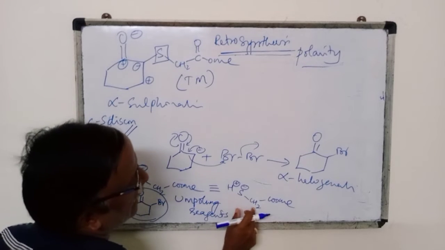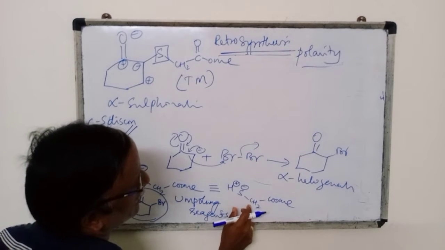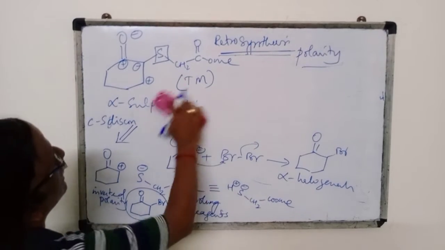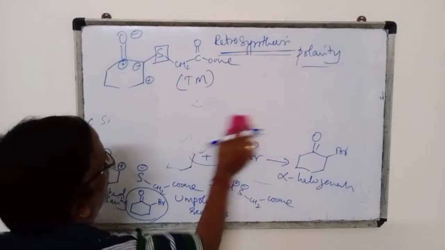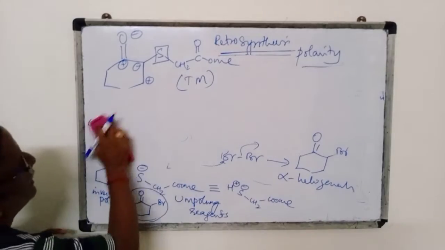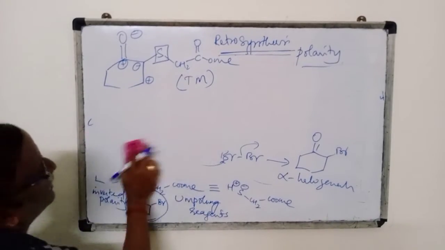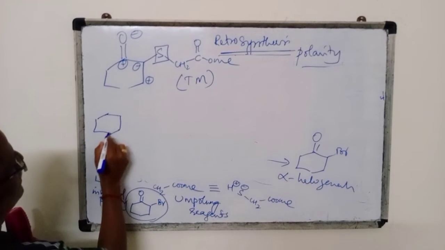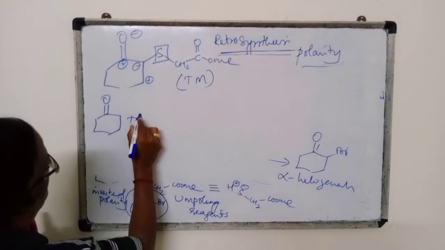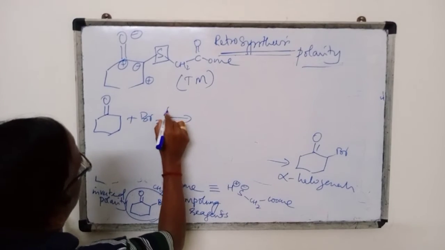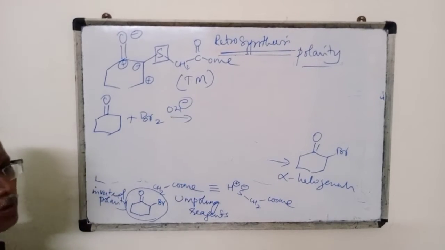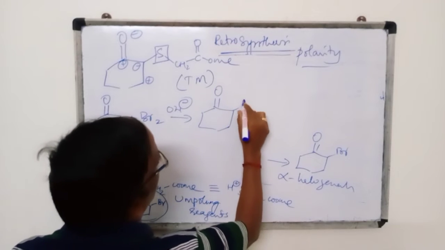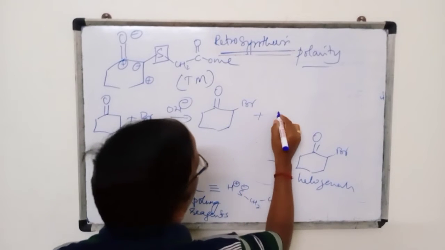Use this alpha bromo cyclohexanone with your thiol. The thiol has the CS2 COOMe ester, and then you can do this. So you take this alpha halo ketone that you synthesized and just treat it with a base, and generate an anion.